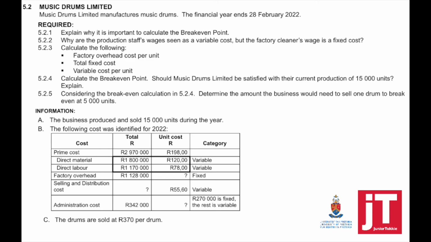If we look at the information, the business produced and sold 15,000 units during the year. The following cost was identified for 2022, and the drums are sold at 370 per drum.